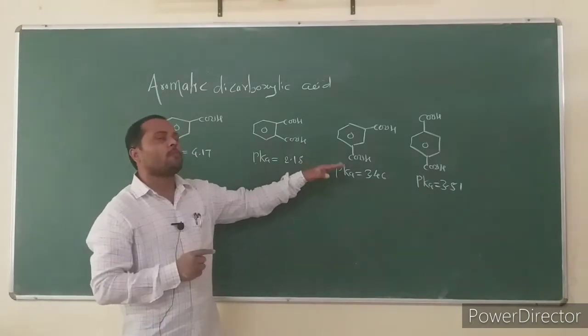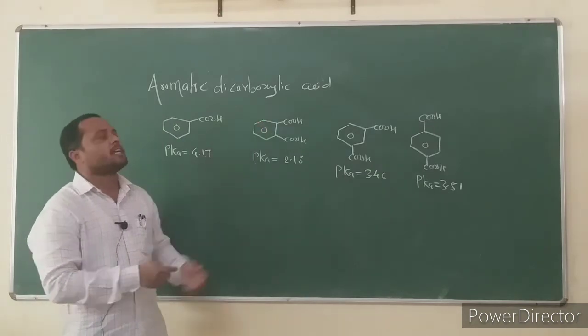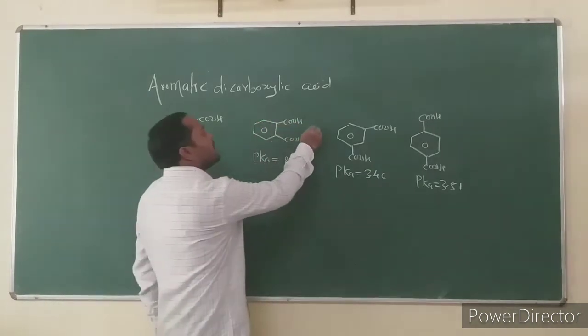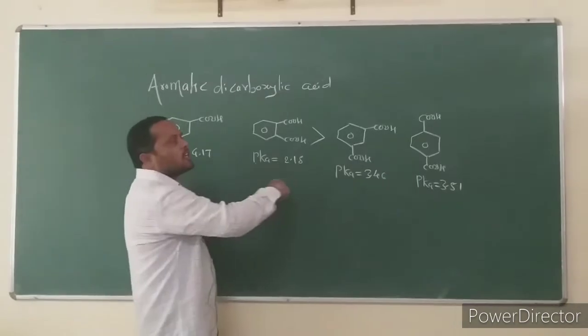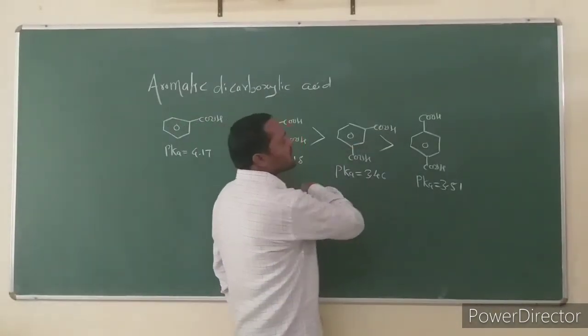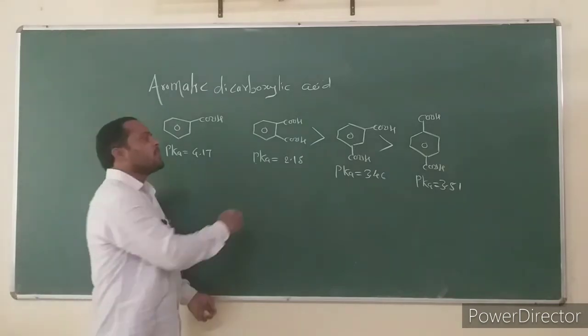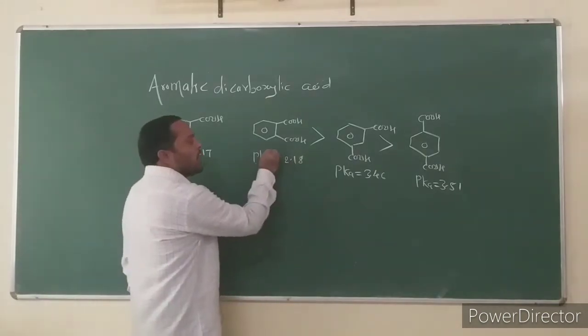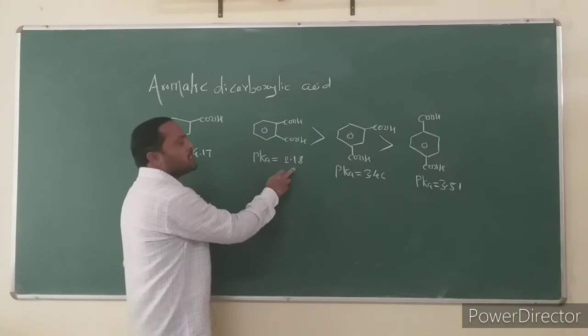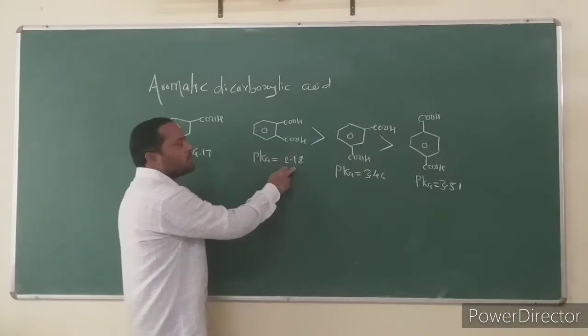A similar trend is also observed in aromatic carboxylic acids. The ortho dicarboxylic acid is stronger than meta dicarboxylic acid, which is stronger than para dicarboxylic acid. On the basis of pK value, the ortho or 1,2-dicarboxylic acid is stronger.